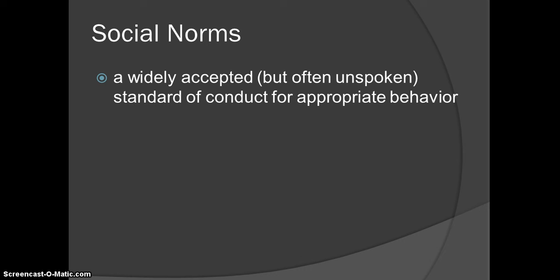For example, personal space. Especially coming from Israel, I noticed that in America there is an expectation of a little bit greater personal space around a person. So that might be considered a social norm.